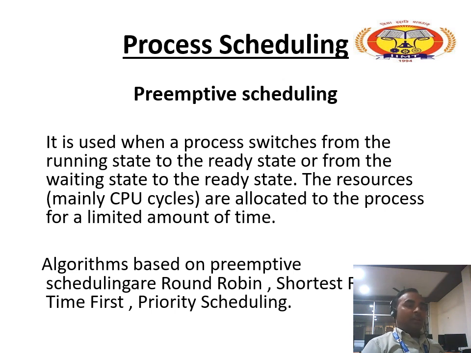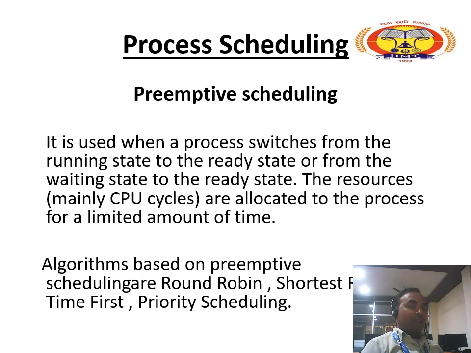Scheduling means the processes have to be executed in a sequence, in a proper manner, right? There are two types of scheduling. The first type is preemptive scheduling and the second type is non-preemptive scheduling. My dear students, firstly I will tell you about preemptive scheduling and after that non-preemptive scheduling.